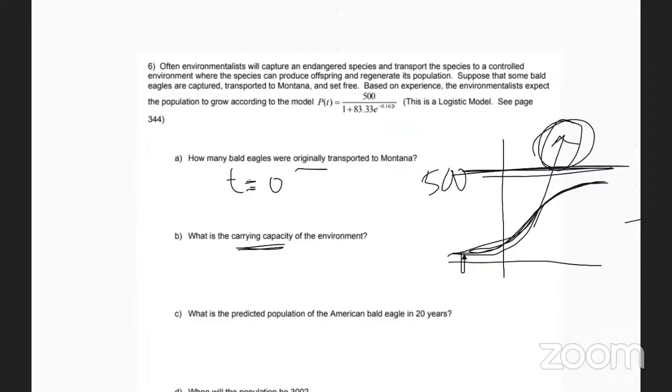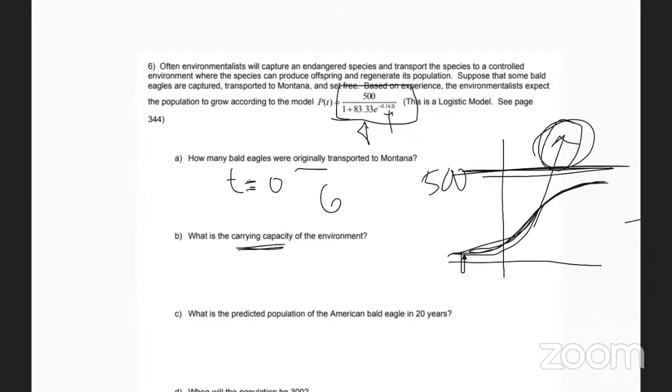I got 5.9 or so. There can't really be 0.9 of an eagle, and since the coefficient in front of the t is rounded as well, you can assume six, I think.